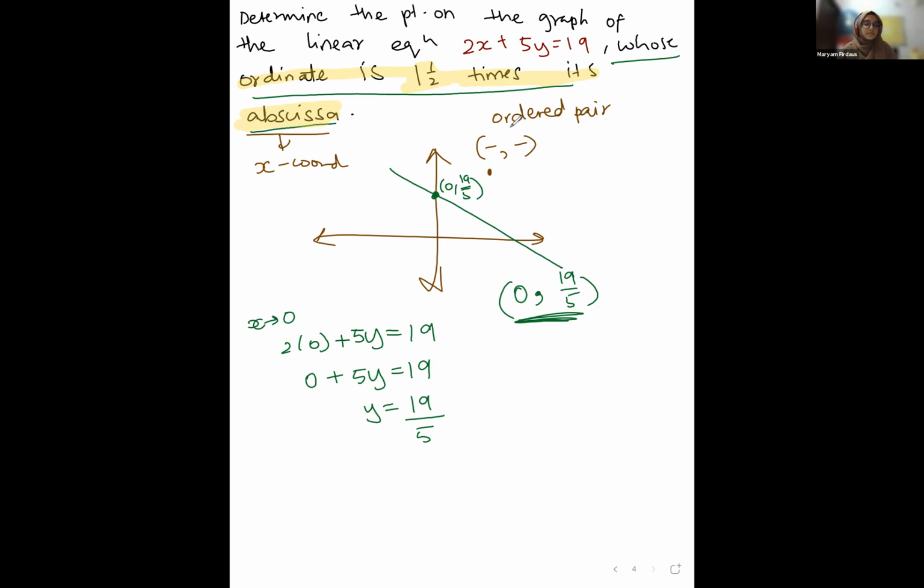Ma'am, x is equal to x multiplied by 1.5. Can you repeat it again? Ma'am, x is equal to one and a half x.